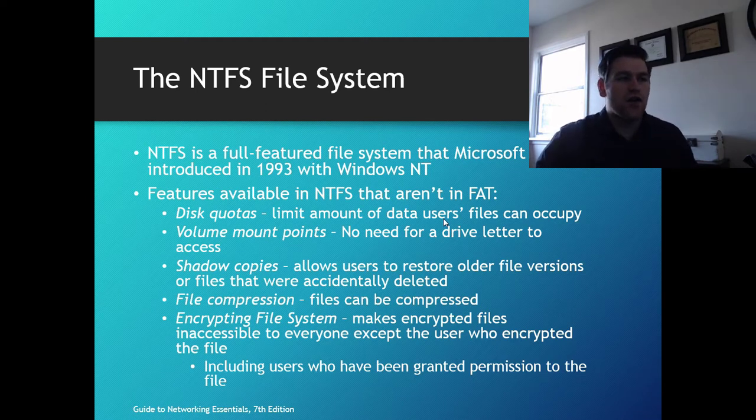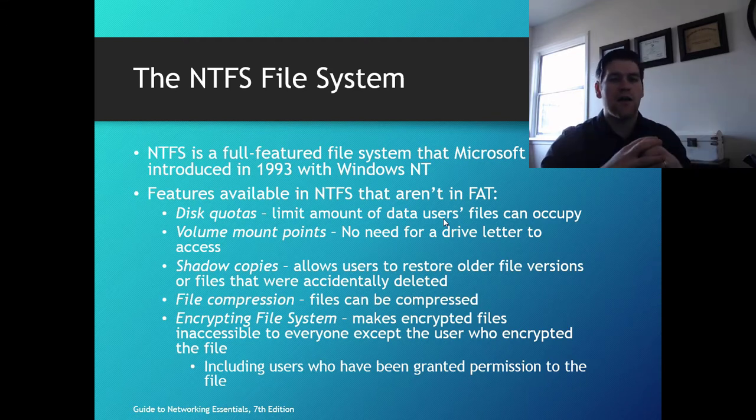You also get volume mount points, meaning you don't need a drive letter to access the drive. You do need it for accessing the data on the drive, but you can look at the drive, tweak settings, and play around without a drive letter allocated to it. You also get shadow copies, which are very beneficial for restoring old files. File compression is also very beneficial.